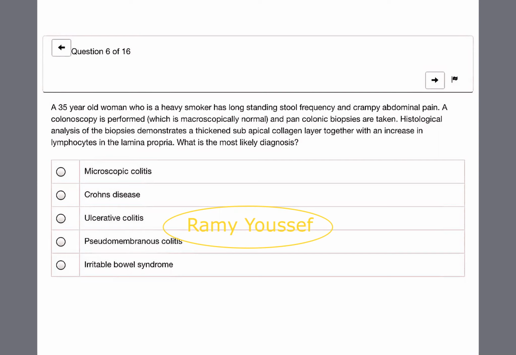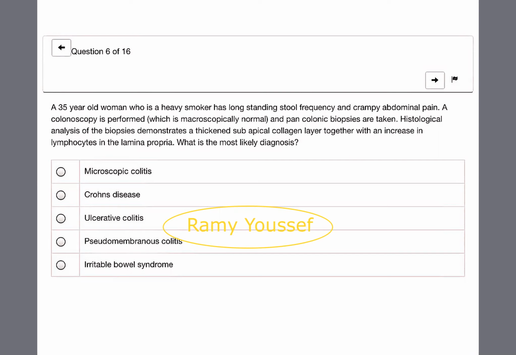By exclusion. Let's go: Crohn's disease, sometimes you can see it in all the layers. Ulcerative colitis you can see by endoscopy. Pseudomembranous colitis you will see by endoscopy, and the picture will be involving the mucosa and pus, with more neutrophils, not lymphocytes.